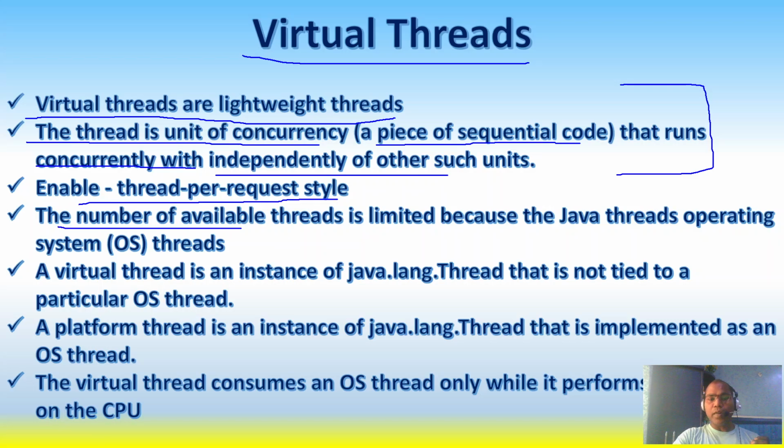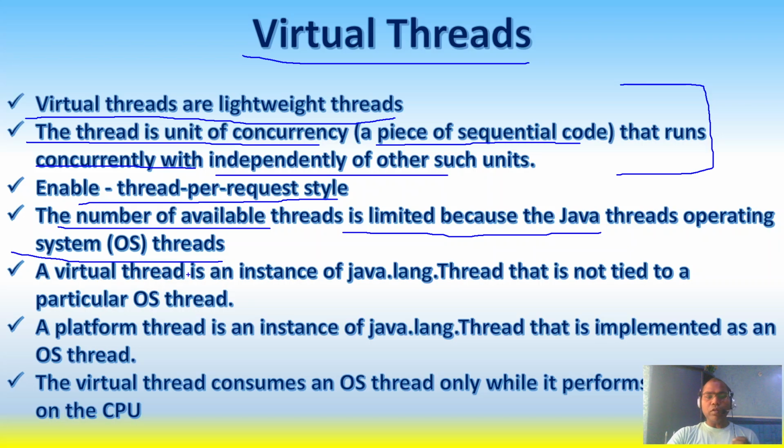The number of threads is limited because Java threads are operating system threads. Whatever the current JDK offers to create threads is by default platform threads. Whenever you request Java to create one thread, it is created, but it is bound to one specific operating system thread.